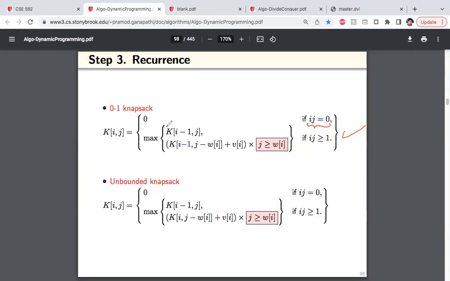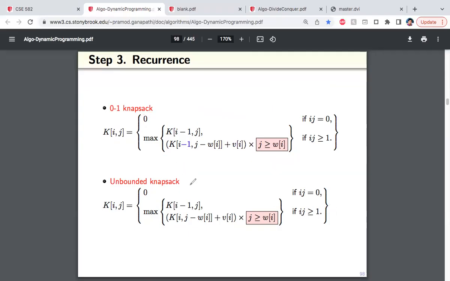If the capacity is 0, you still cannot add anything, so the value will be 0. So the base case is 0. Always try to find the subproblem first, compute the recursive case of the recurrence first, and then think about the base case. This is the step-by-step way you need to analyze.